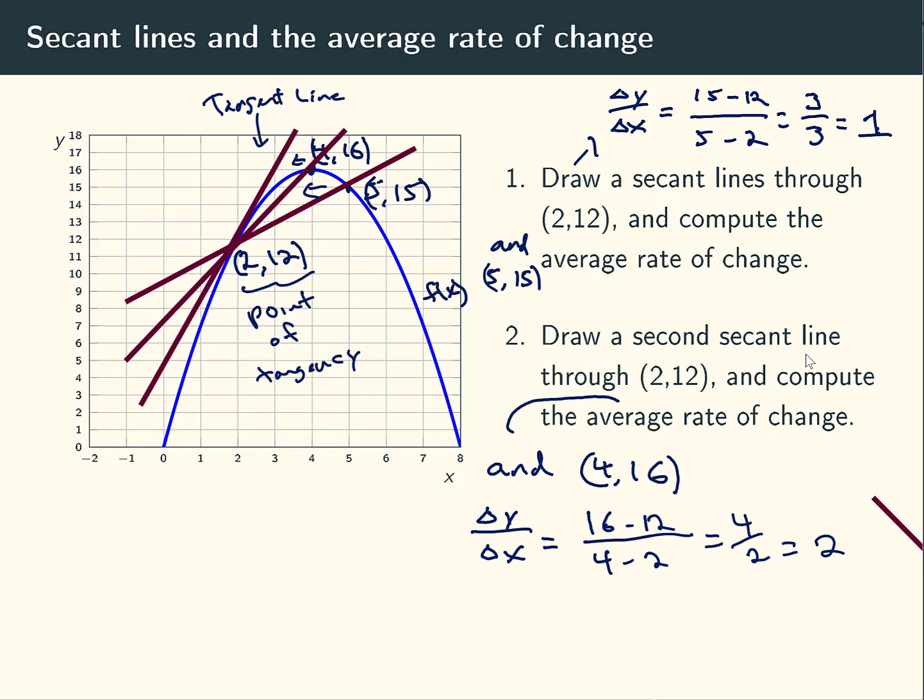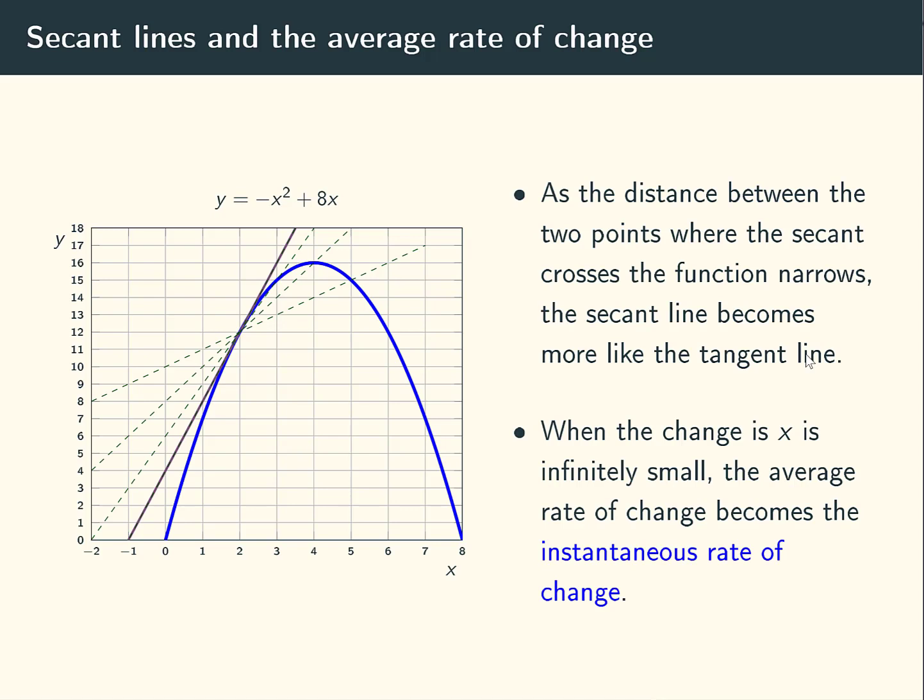Now let me show you a prepared slide drawn a little more nicely that illustrates these secant lines. So we've got 3 secant lines, here, here, and here, that are dotted. And as they become steeper and steeper, starting from the first secant line that we drew, we're getting closer and closer to the point of tangency.